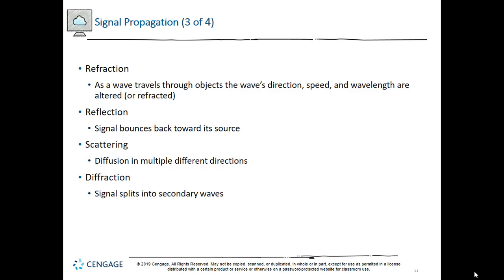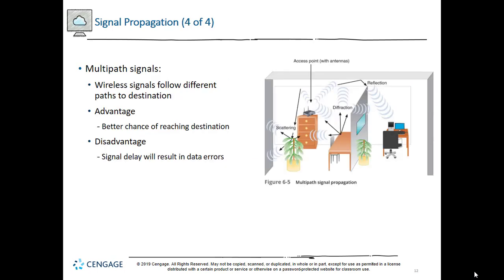Objects with sharp edges, including the corners of walls and desks, cause diffraction. Wireless signals follow a number of different paths to their destination. Such signals are known as multipath signals, and as you can see here, multipath signals can be caused by reflection, scattering, and refraction.